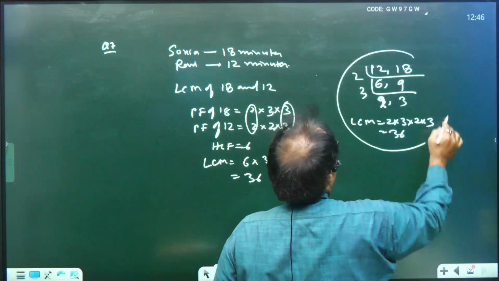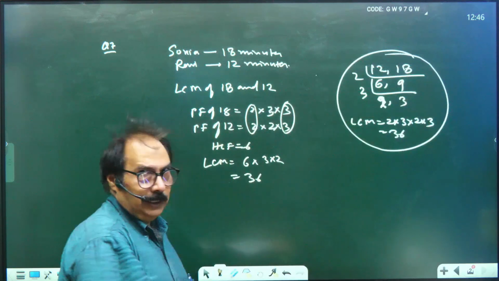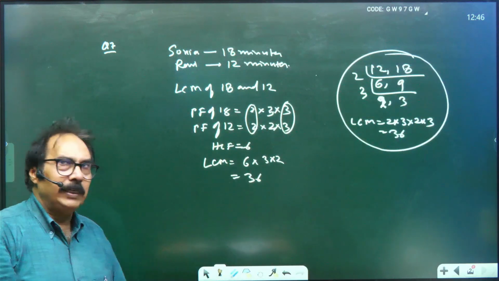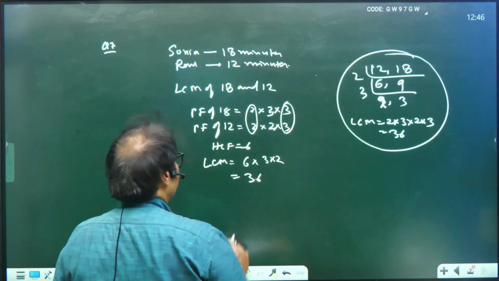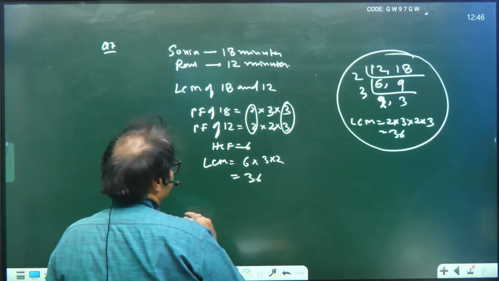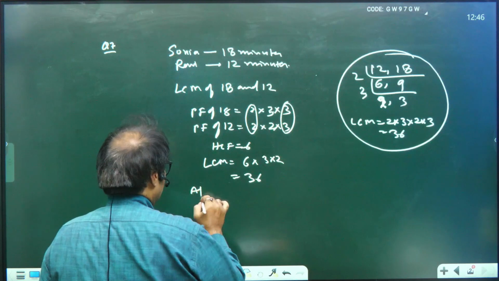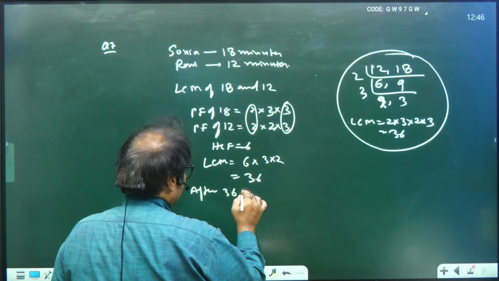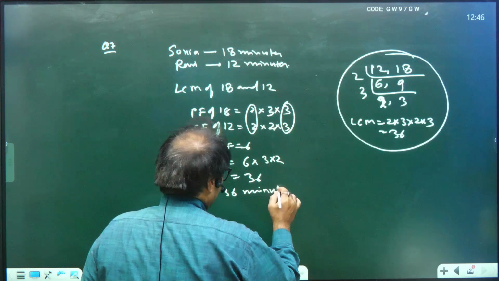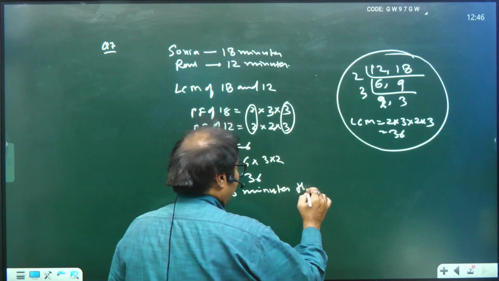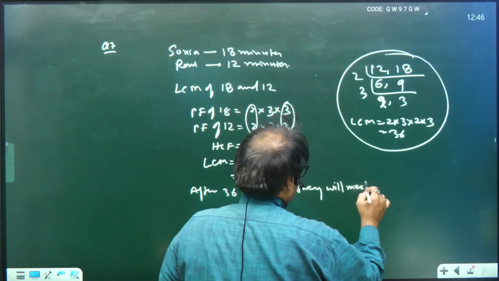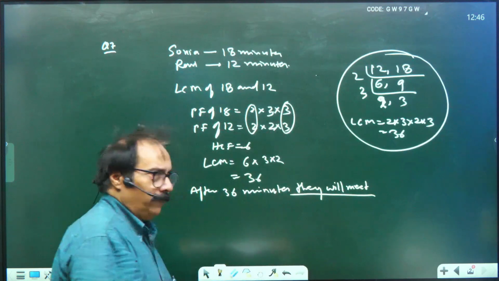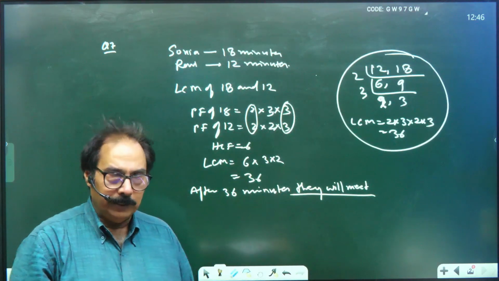You can find the LCM by this method, or by the prime factorization method. So after 36 minutes they will meet at the same point from where they started.